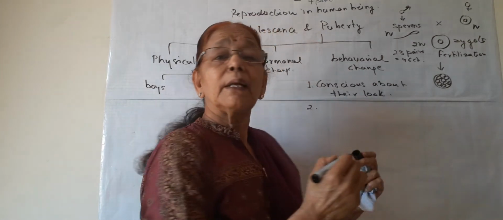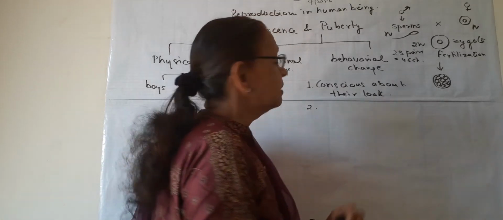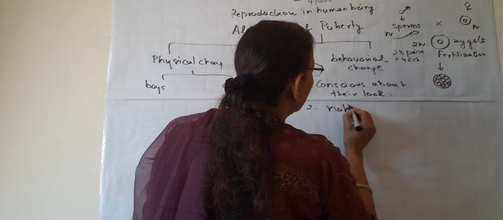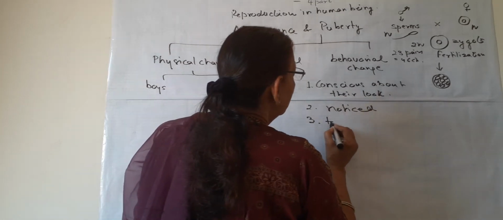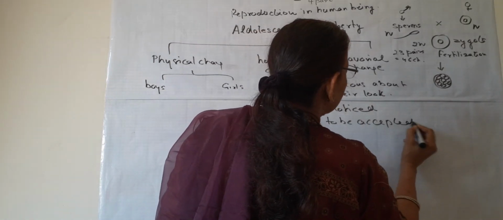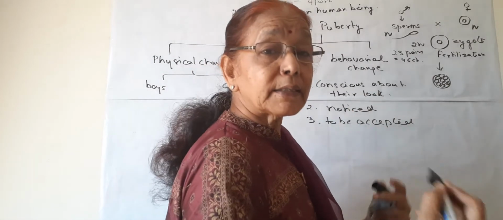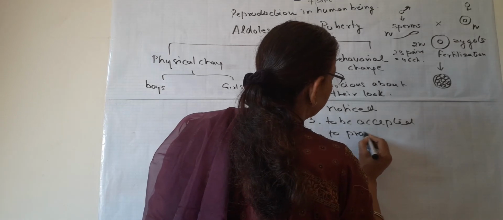They see the mirror again and again, a few times a day. They want to be noticed. They want to be accepted. They want other people to understand and accept them. They want to prove something.